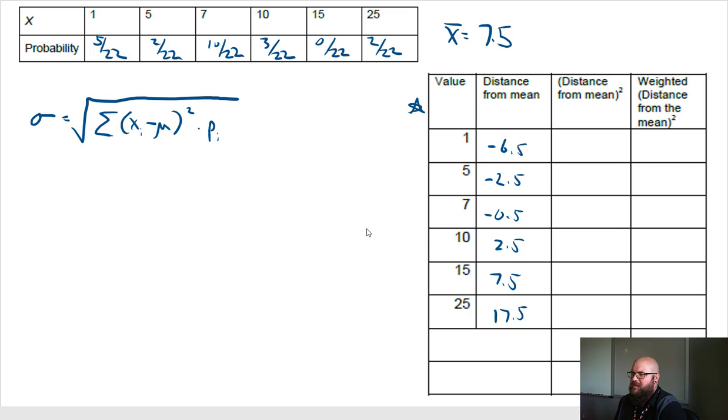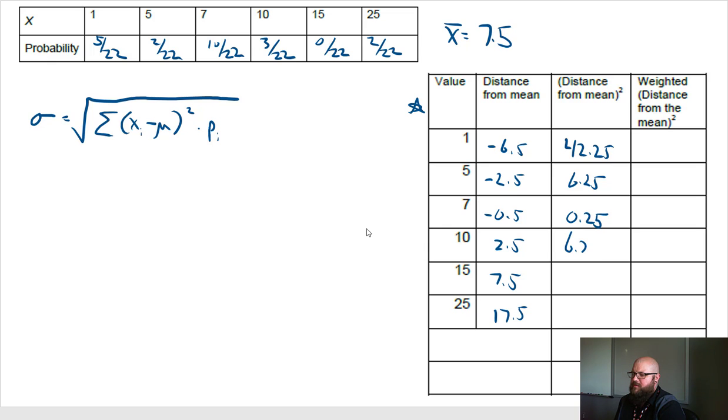Now it says the distance from the mean squared, so we just need to square these values. You should get 42.25. You square these in the calculator. 6.25 for the negative 2.5. 0.25 for negative 0.5.